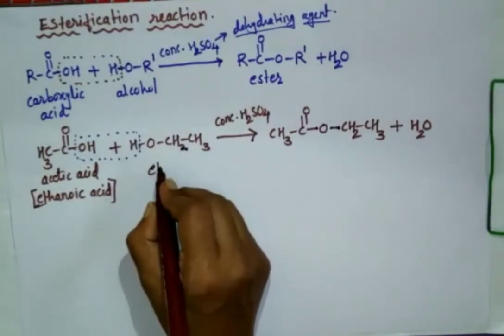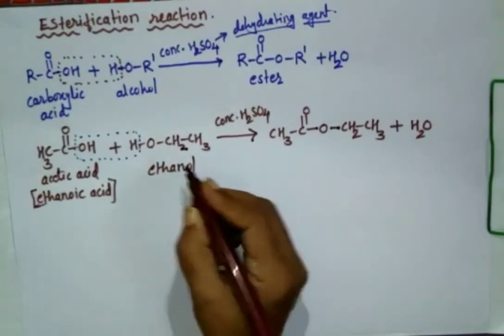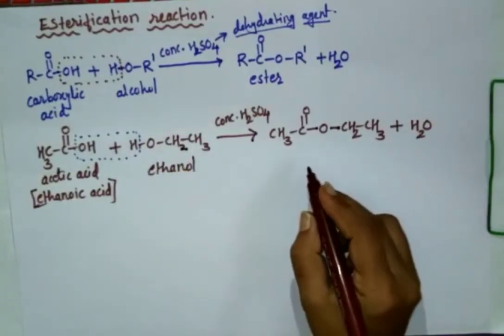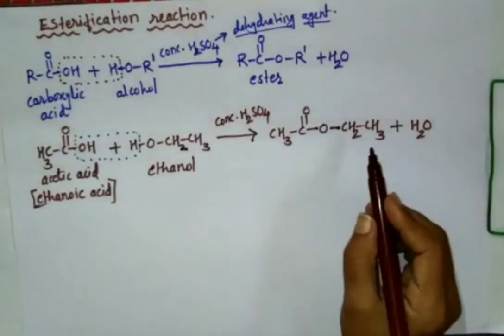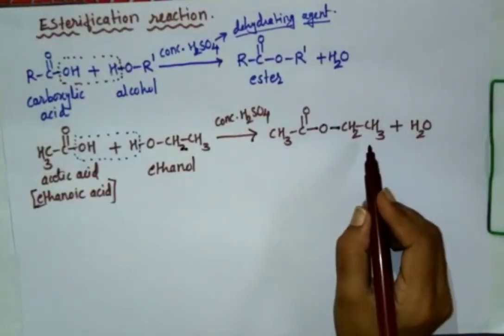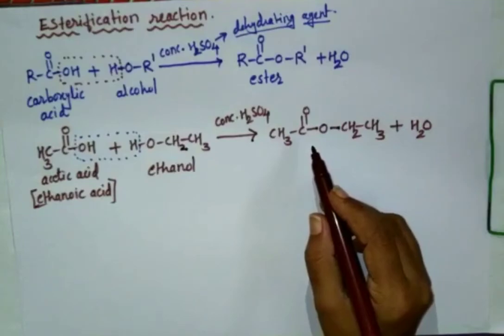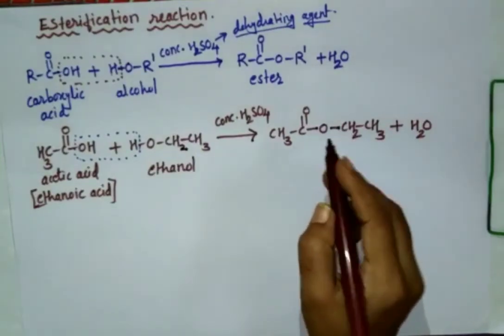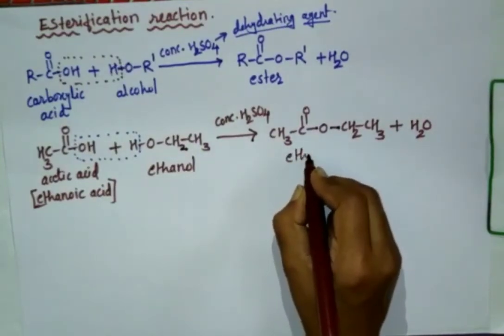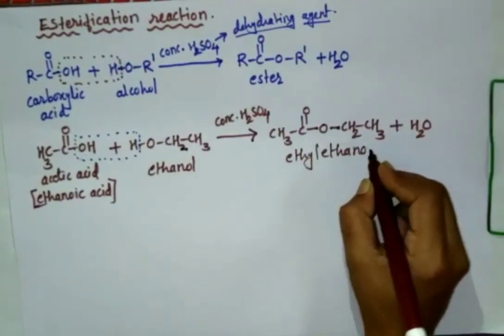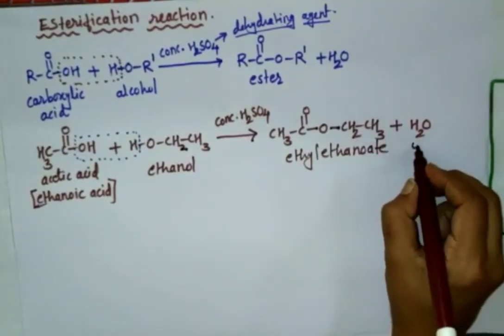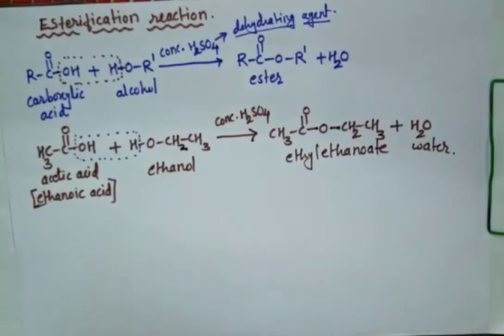So this is ethanol, commonly called ethyl alcohol, and here there is a formation of this ester, that is ethyl acetate. It is ethyl acetate or ethyl ethanoate. The IUPAC name of this compound is ethyl ethanoate, and this is a water molecule.